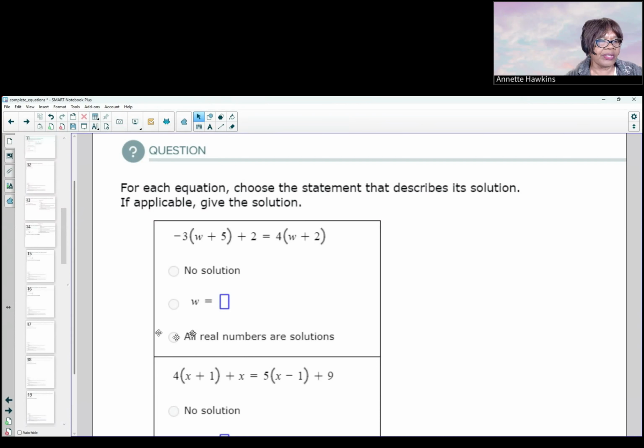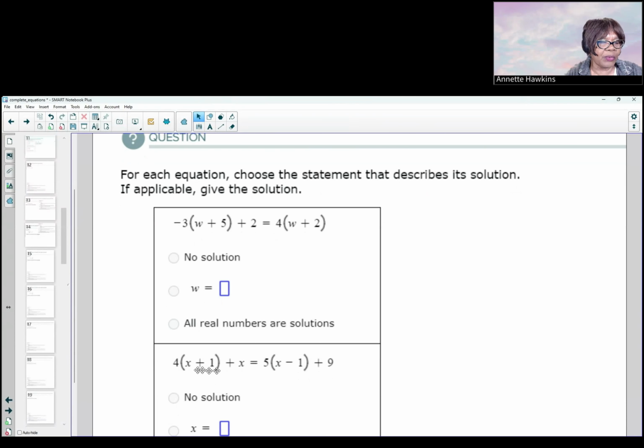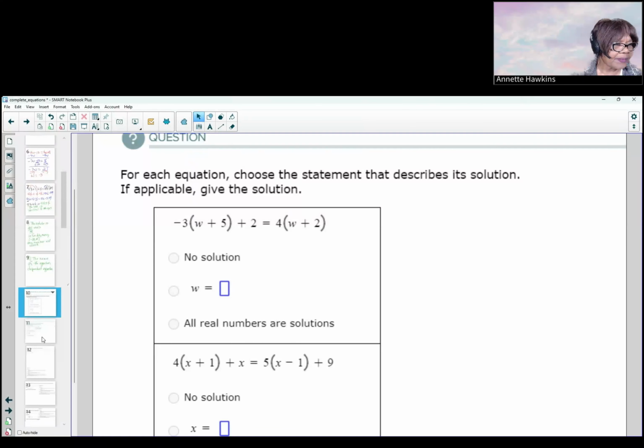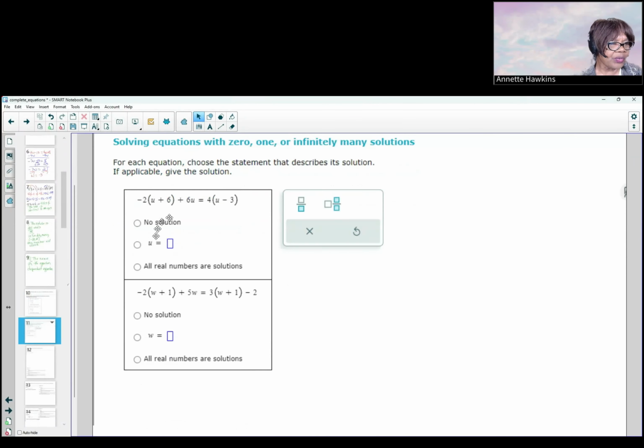Now this one is straightforward, and then we want to do this one.